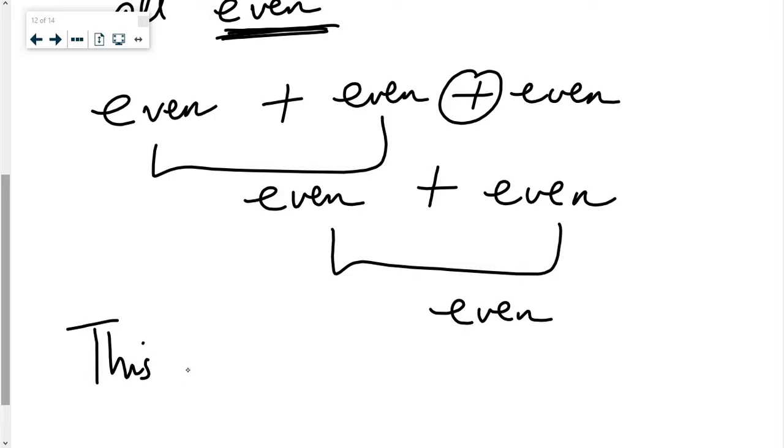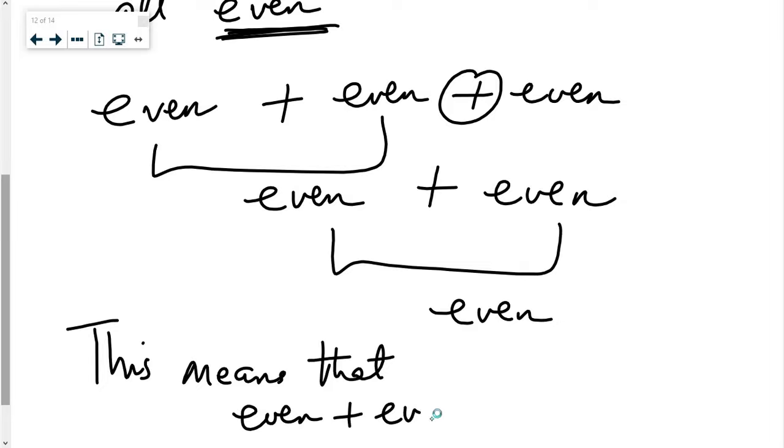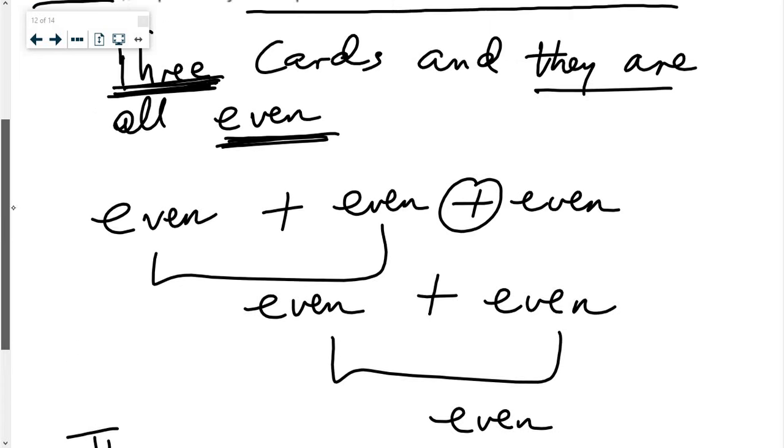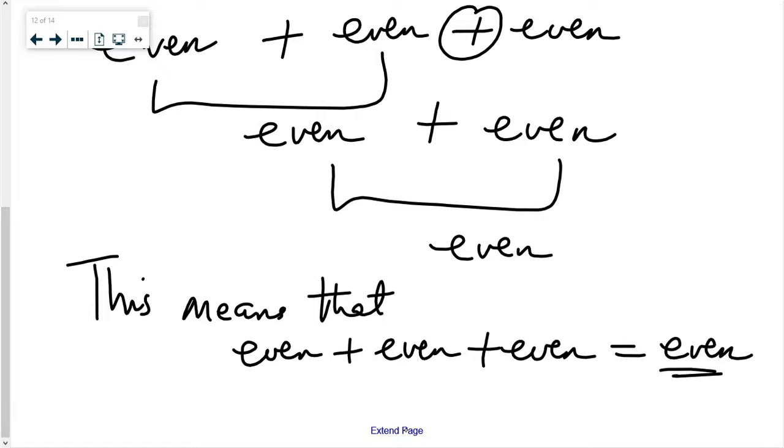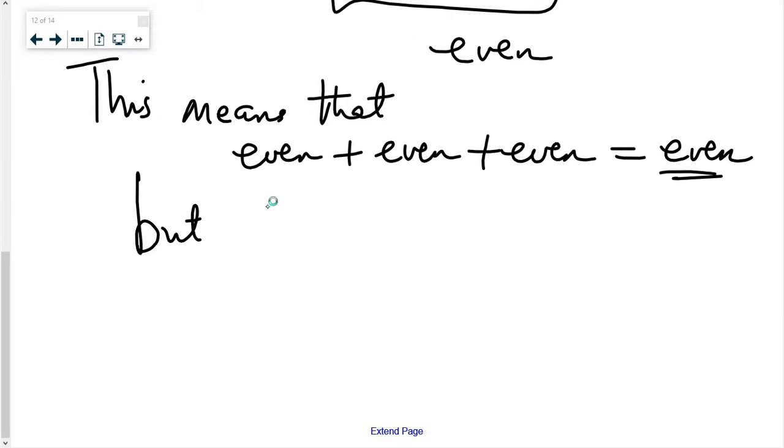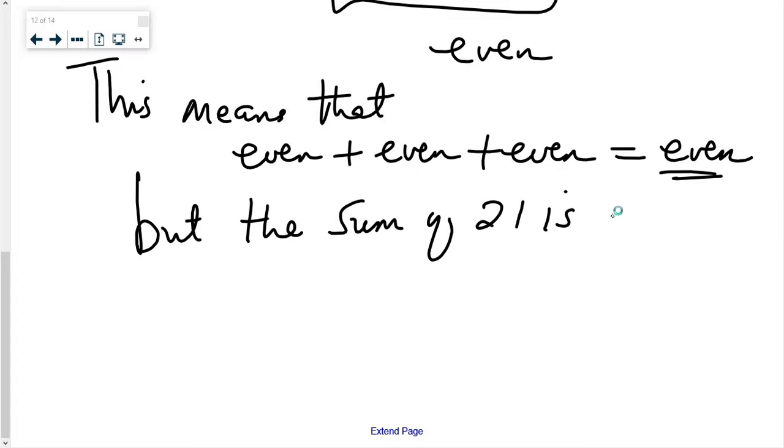So this means that even plus even plus even, answer is even. But what do we get? We got a sum which is 21. But 21 is an odd number.